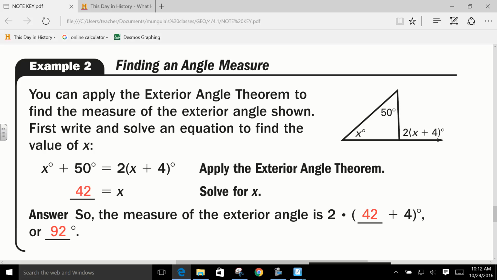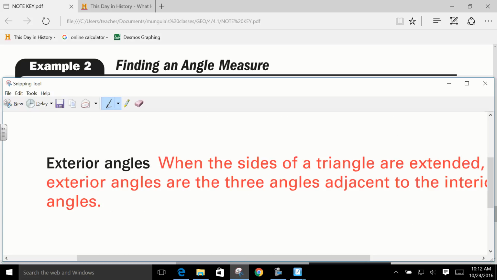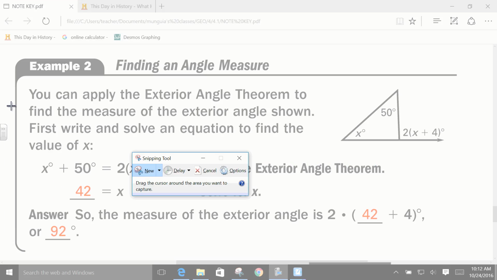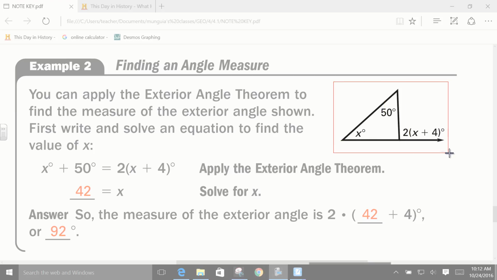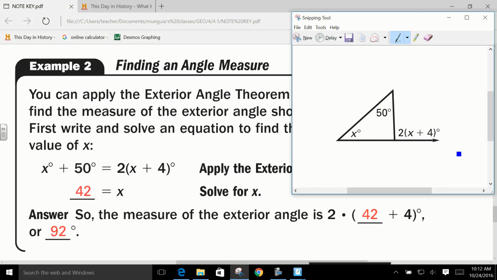So go and fill in those blanks. What I'm going to do is superimpose this on a smart file so I can show you the work here.